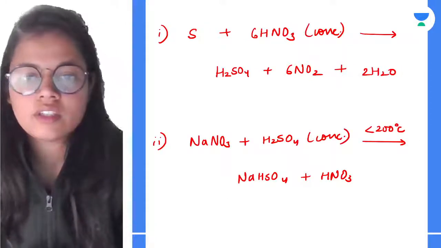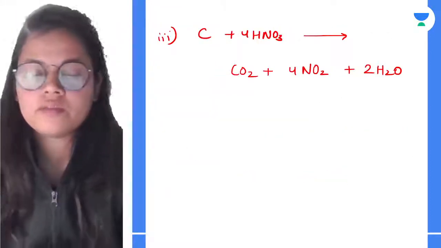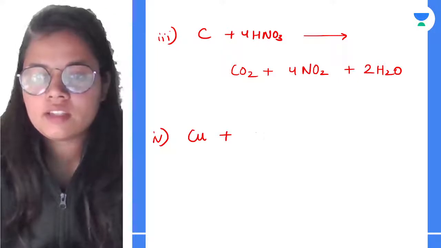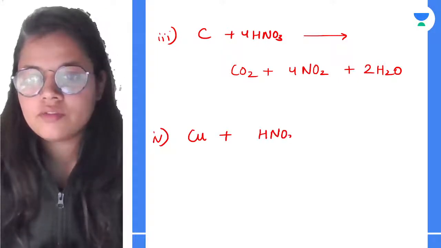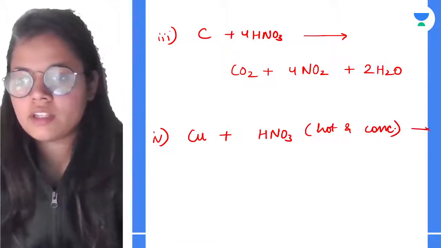And the next question is the action of hot and concentrated nitric acid on copper. So we have copper plus nitric acid, which is hot and concentrated. What will happen when they react?